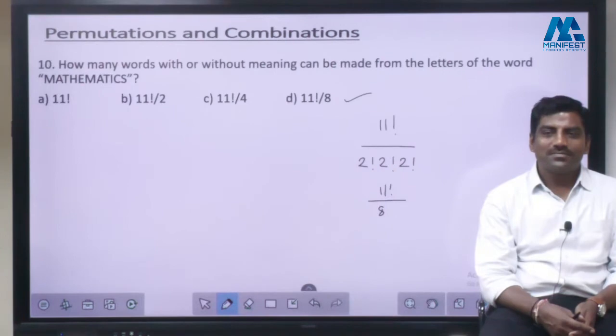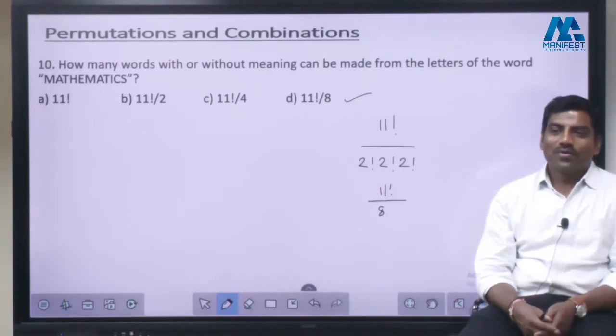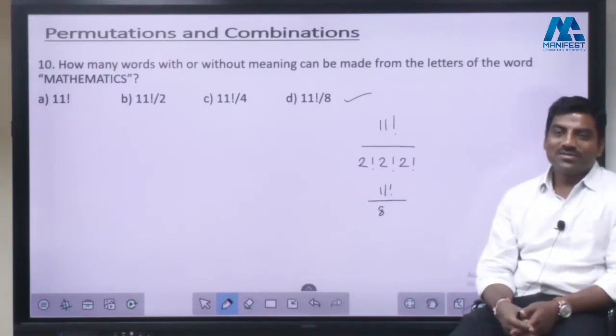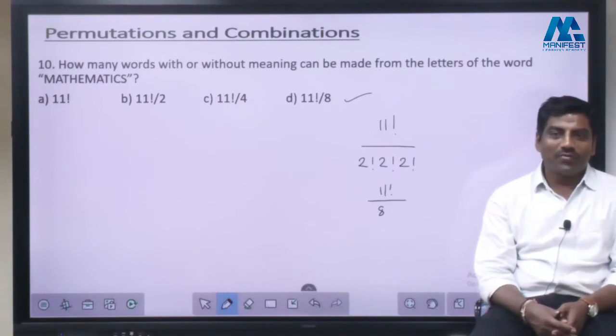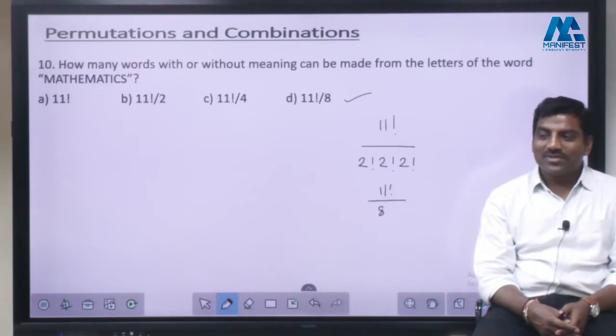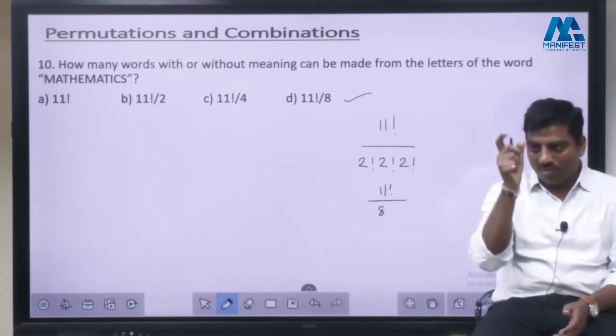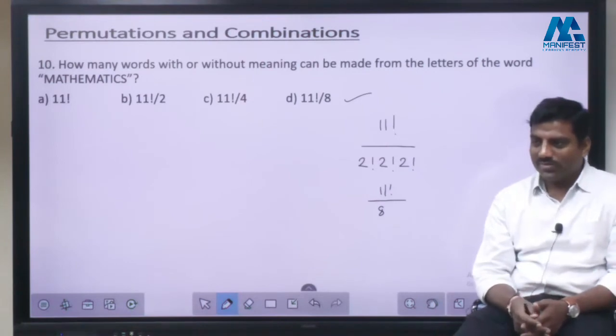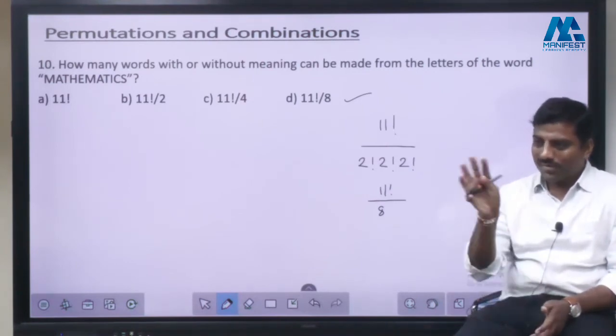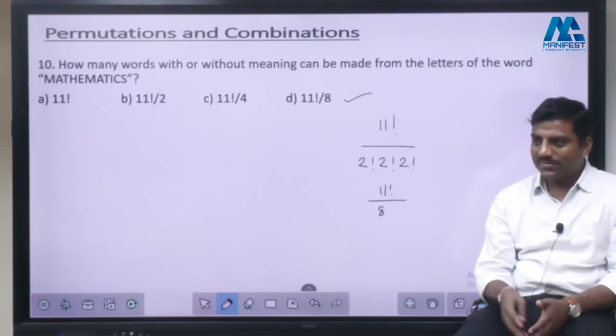Done. Vinith, what is the answer? 6 factorial divided by 2 factorial. So the answer should be 360. 24. So how many in the top and how many in the bottom? All 4. 4 factorial.